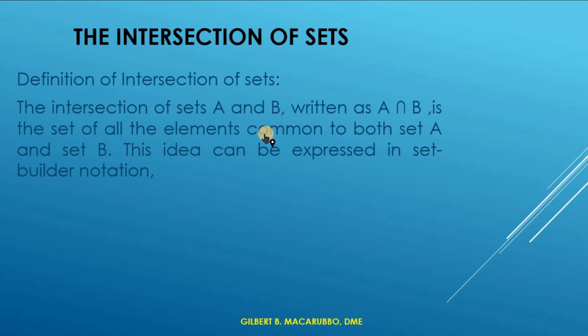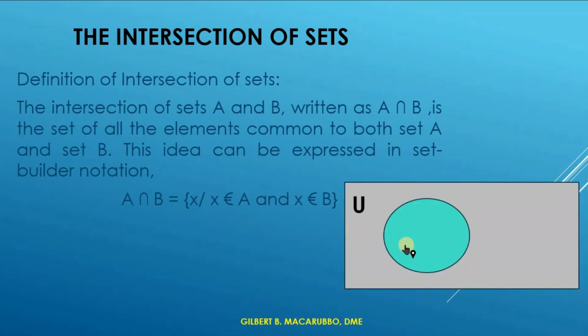So, intersection. When we say intersection, these are the elements common to both A and B. Kung ano yung meron sa A, dapat meron din sa set B. So this is expressed in set builder notation. So the set of all x such that x is common to both set A and set B. Okay, so this is the illustration of a Venn diagram.